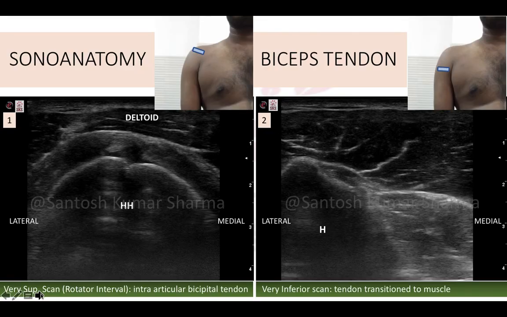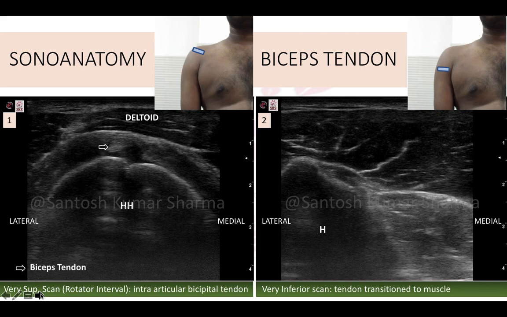Now, coming to the next picture, where the probe has been moved high up into the rotator interval, which is basically the space between the supraspinatus and the subscapularis. And here we will visualize the intra-articular part of biceps tendon.